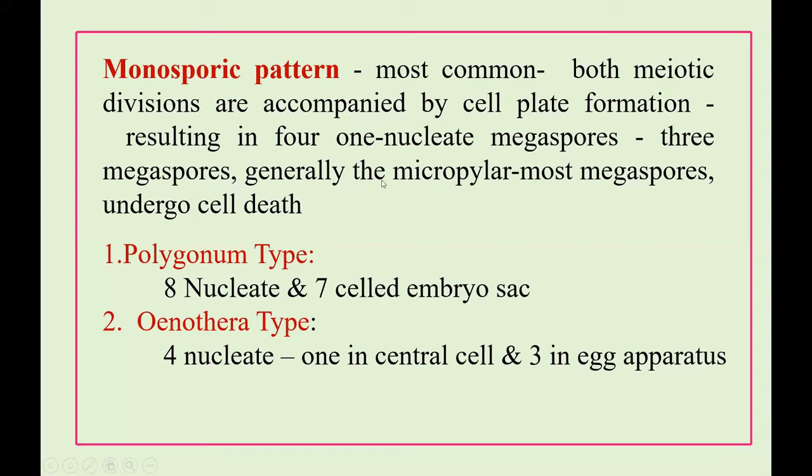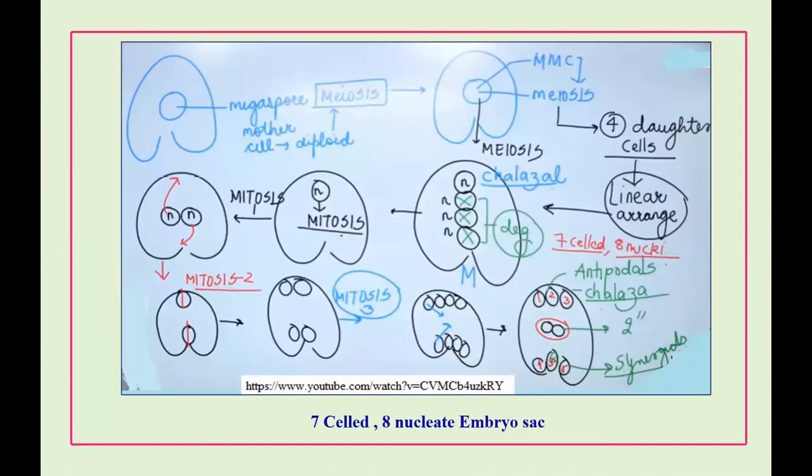Of these, generally the micropylar megaspores degenerate. So this is the monosporic type of development.